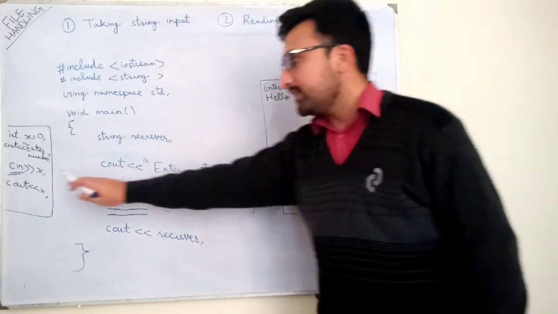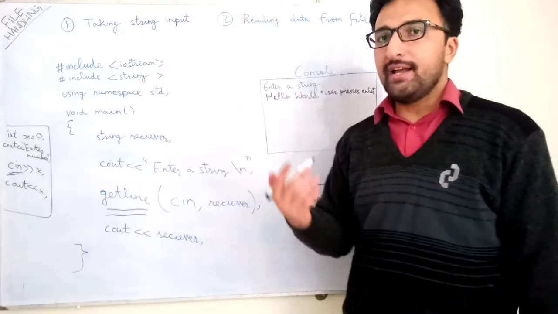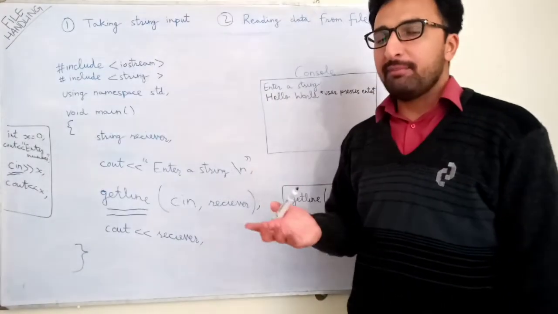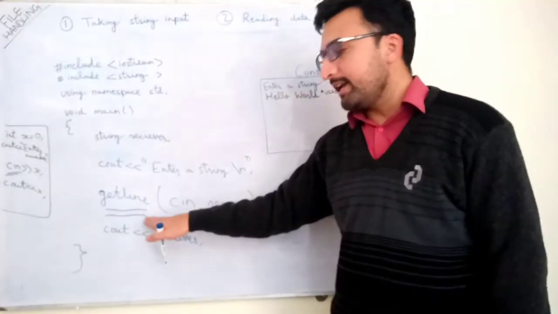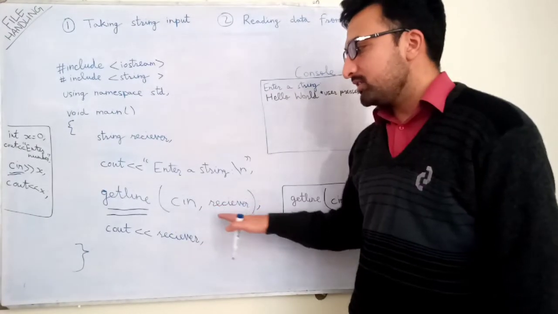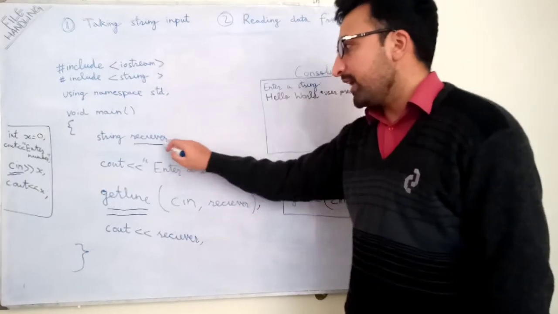Just like we used to write cin x when we were taking input in the integer variable, when we are taking input in the string variable, one of the ways is to make use of the getline function, and then in the brackets write cin and the variable name in which we have to take input.